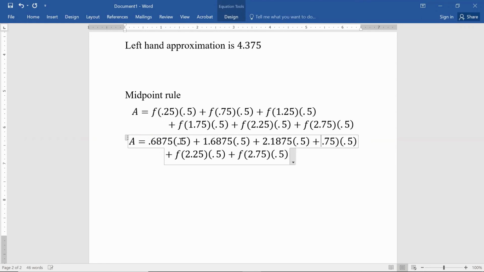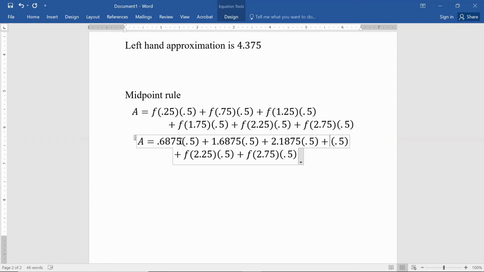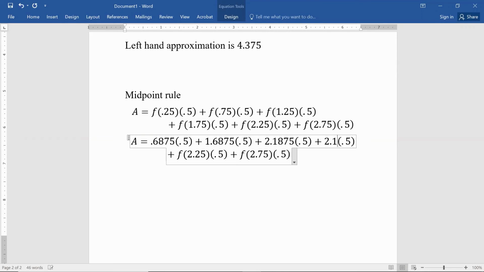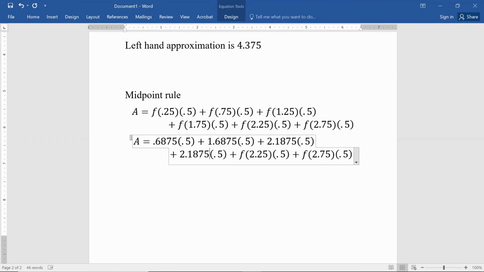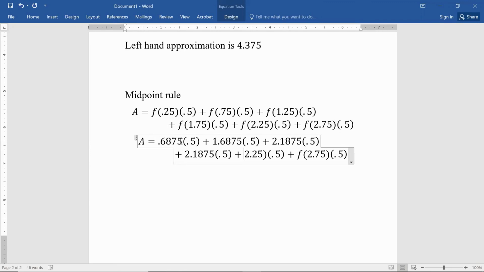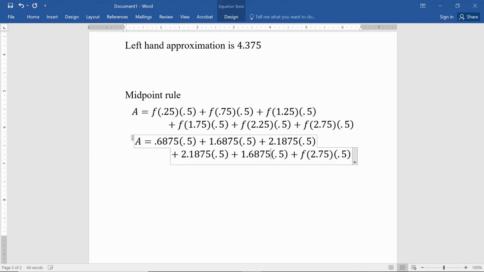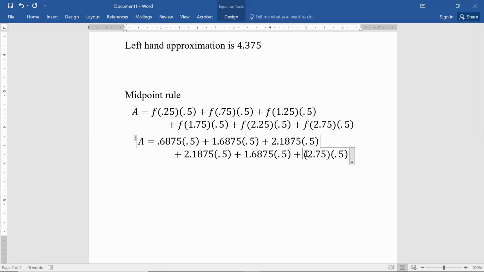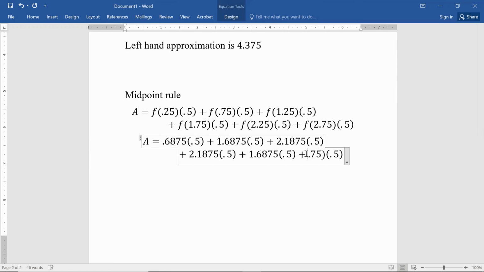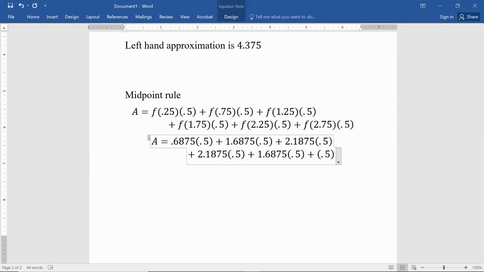When you plug in 1.75, you get 2.1875 again. When you plug in 2.25, you get 1.6875. Notice we kind of matched here, we matched there. And the last one, 2.75, you probably guessed this, is going to be 0.6875.